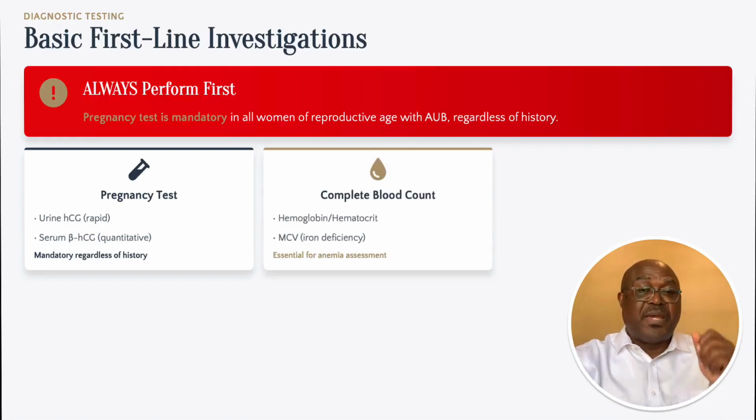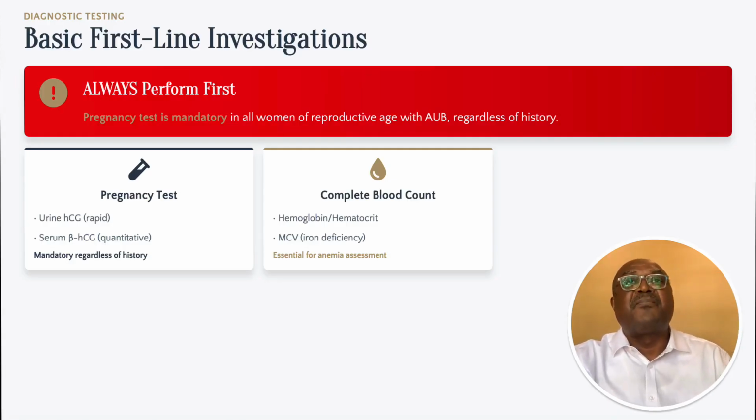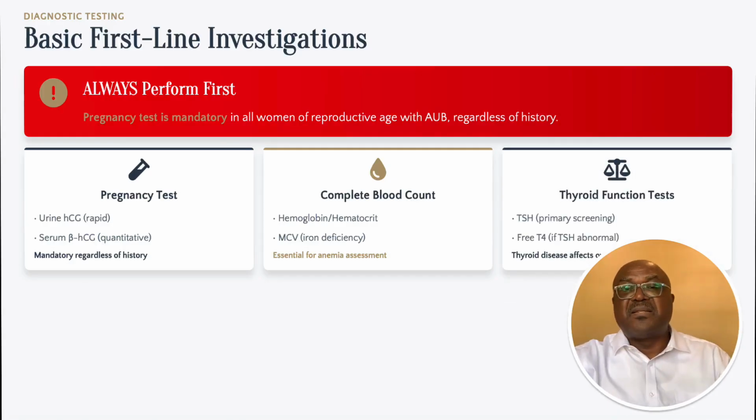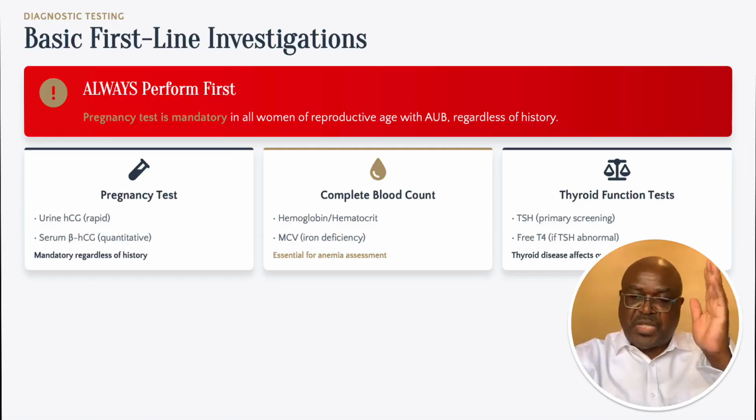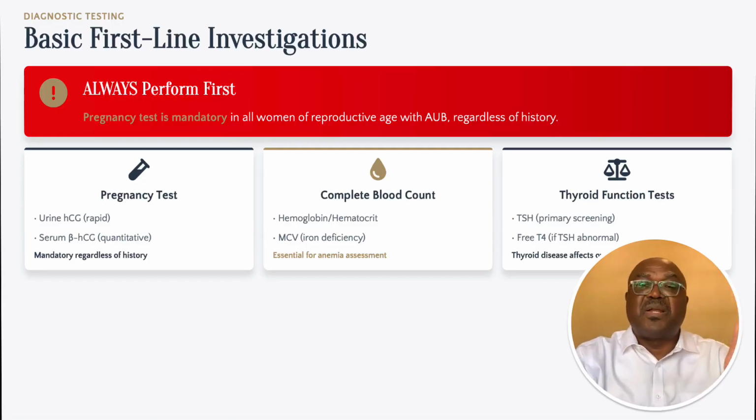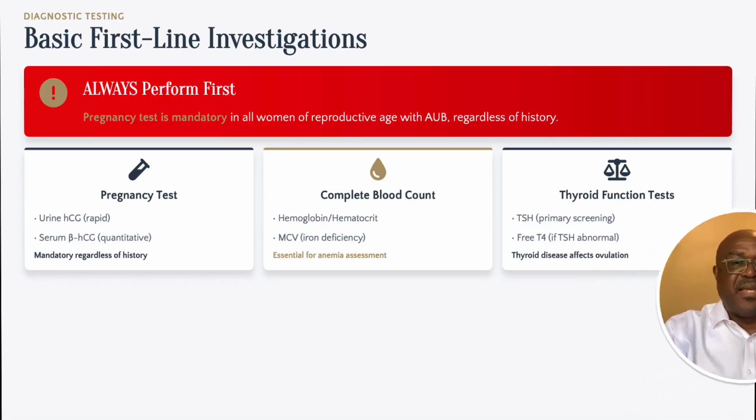Yes, and do a complete blood count to check for hemoglobin, hematocrit, and MCV, essential for anemia assessment. And do also thyroid tests, TSH for primary screening, but T4 to check if the TSH was normal. Thyroid disease affects ovulation, as we said earlier.